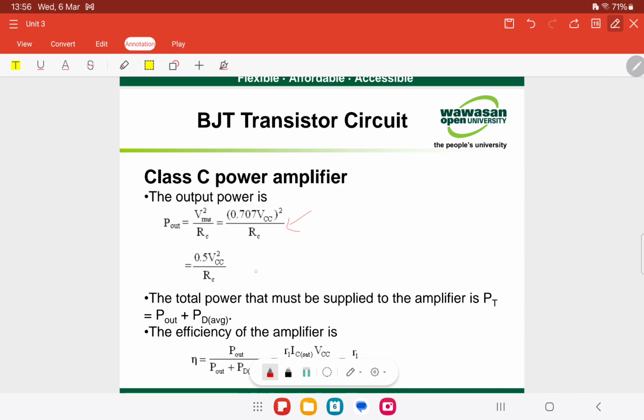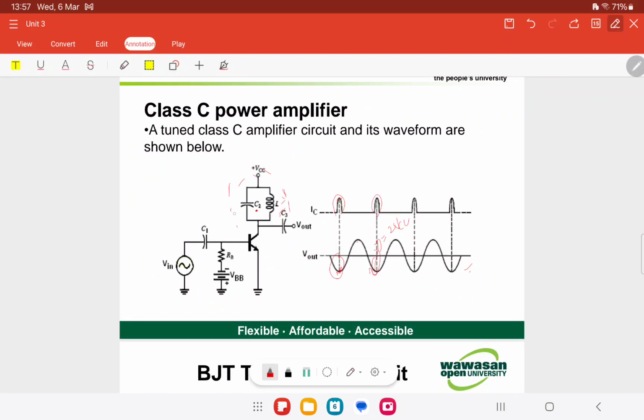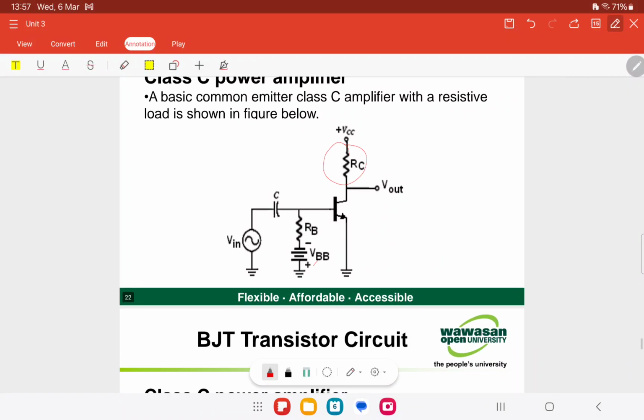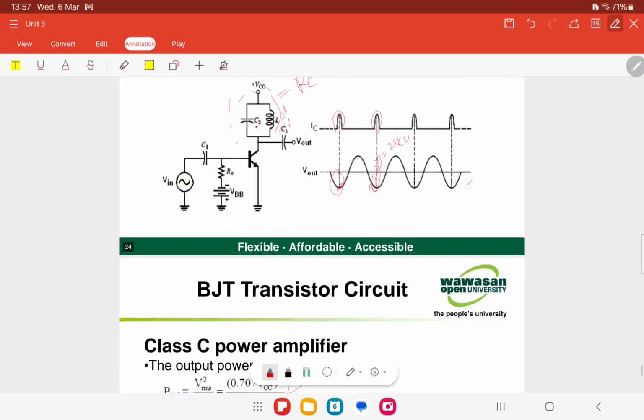RC is the equivalent parallel resistance of the collector tank circuit and represents the parallel combination of the coil resistance and load resistance, because we replace this one with this one. So the RC value.